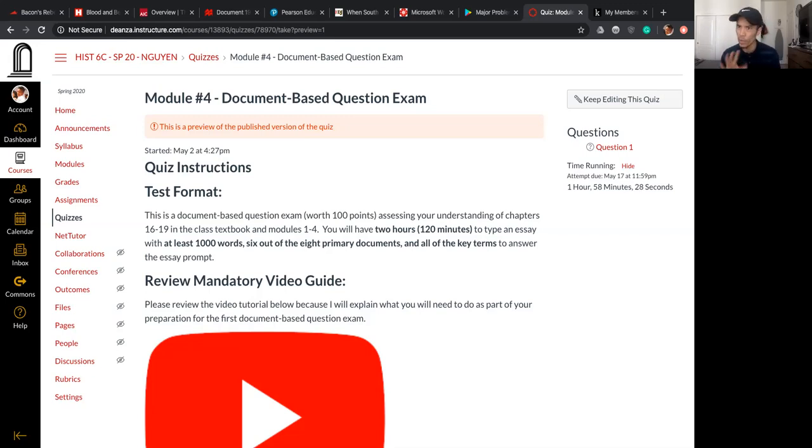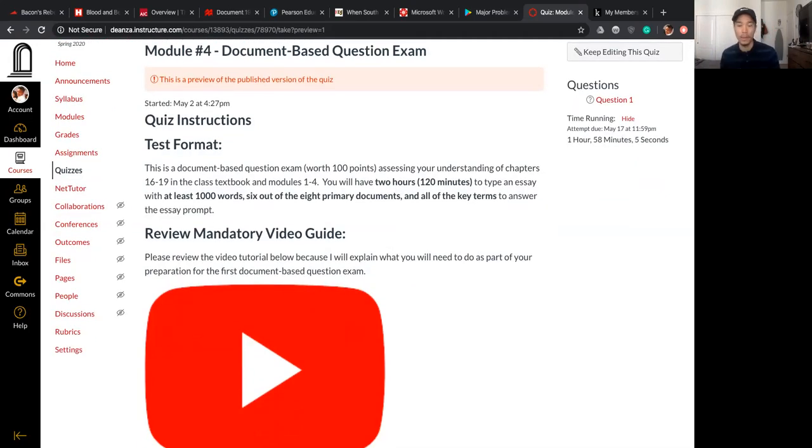1,000 words, so that's around 4 to 5 pages, double space. Typically in college, guys, 250 words is about a page of writing, double space, 12-point font, okay? But 1,000 words. And then on top of that, you will have to use at least 6 out of the 8 primary documents that I have assigned here on the exam page. And then on top of that, I am also letting you know what key terms are relevant in terms of your analysis.